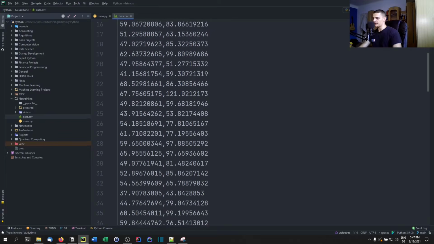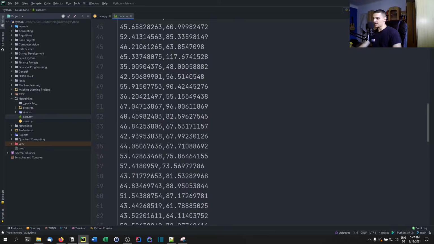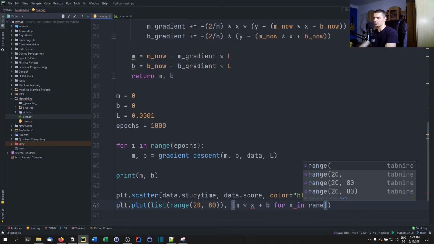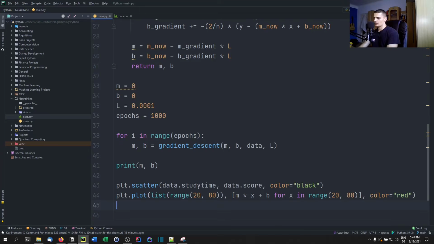All the x values at least should be more than 20 and less than 80, so we can just go with list range 20 to 80 just to have some values. And then we're going to say m times x plus b for x in range 20 to 80. There you go. And the color of the regression line will be red. And then plt.show. That's it.